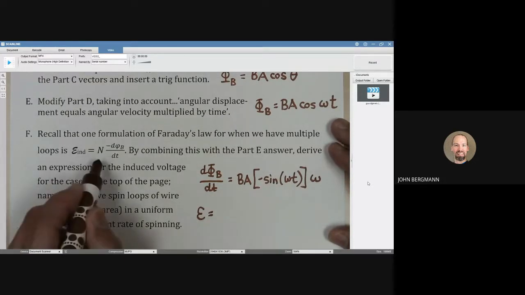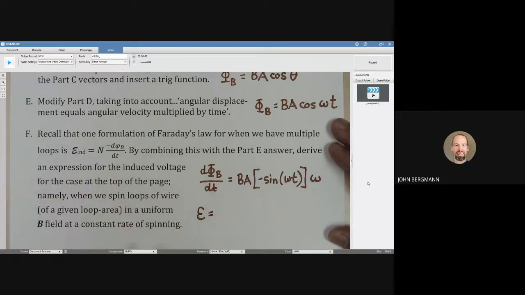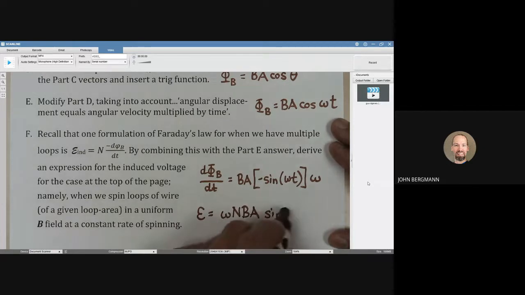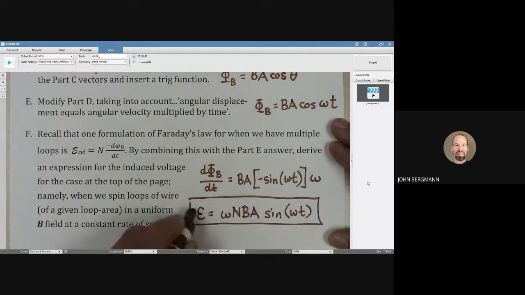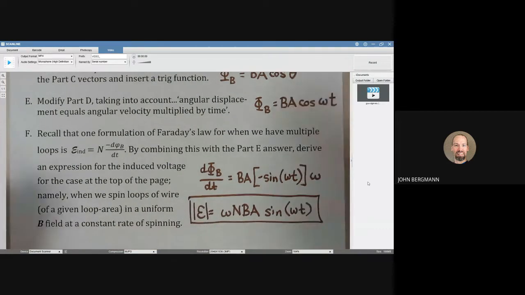And since we have n loops here, we have a multiple of n that gets put in here. This is kind of a nice way to remember this. That almost looks like a W, WNBA. So that's the magnitude of the induced EMF.